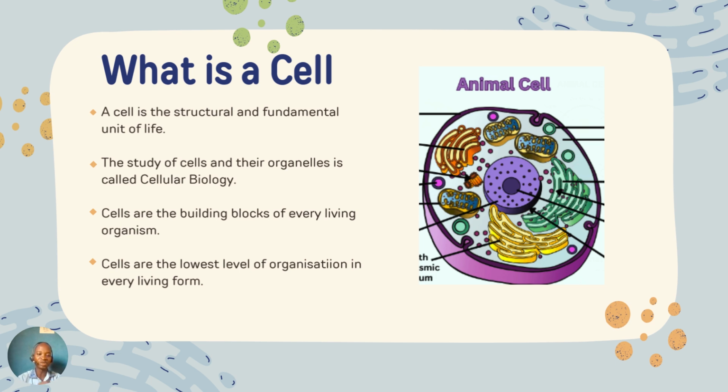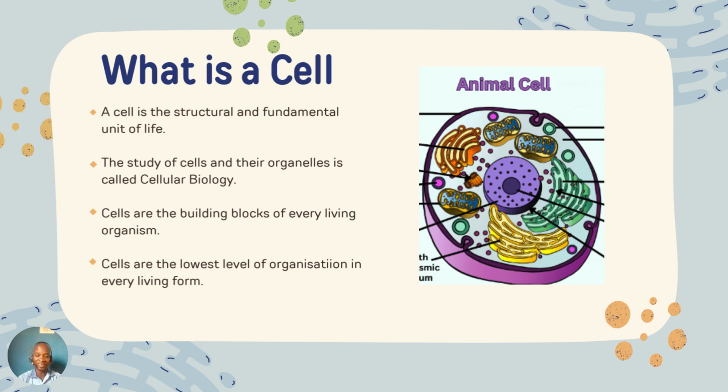Now, cells are the lowest unit of organization in every living form. Even though we have unicellular organisms, we also have multicellular organisms. It's a combination of so many cells that make up the eyes, the nose, the mouth, the digestive system, and so on and so forth.